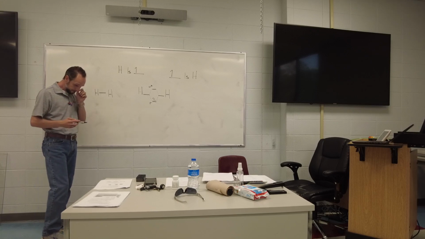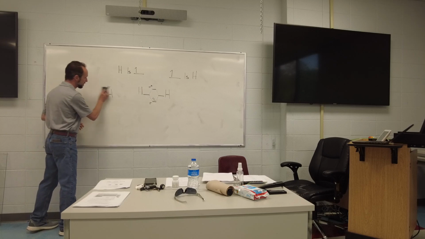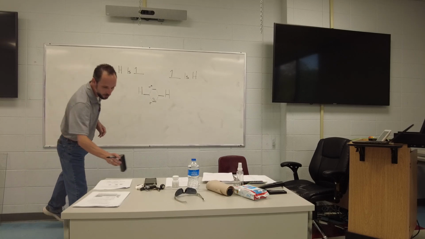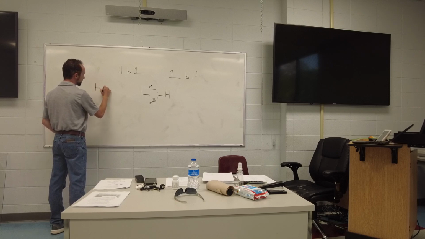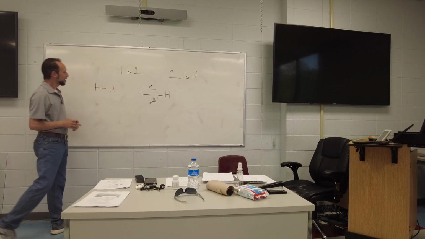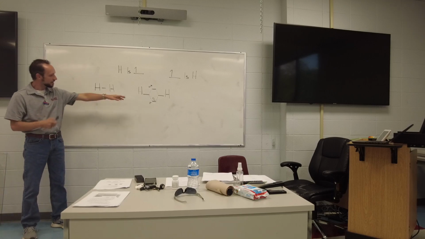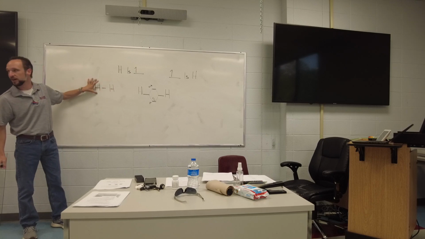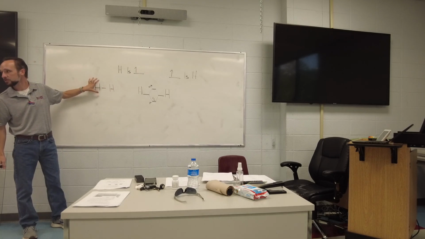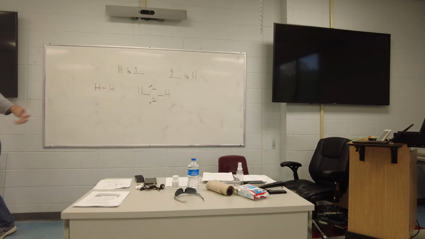Now, that forms a single covalent bond. From an electronegativity standpoint, I erased that a little bit too quick. Would there be any reason for one electron to spend more of its time over here than over here? No, they're symmetrical, it's indistinguishable. They have equal pulls on each other.